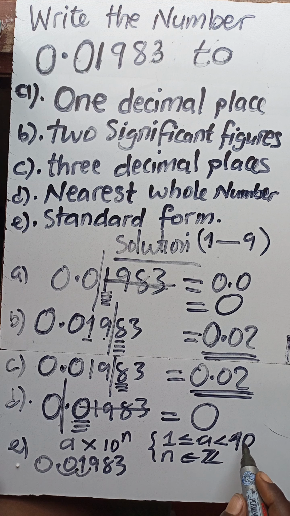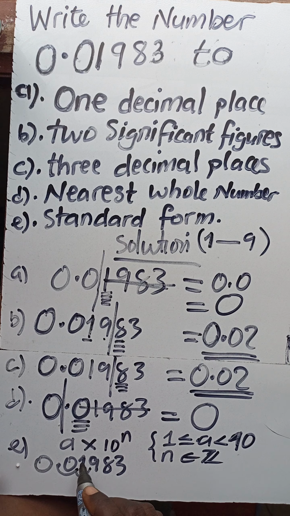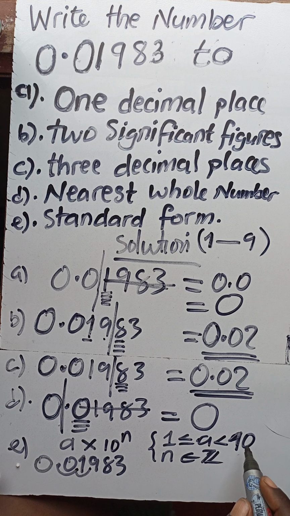Now, if someone made the error to continue to move to the next position, then the person will be having 19.8. 19.8 is clearly more than 10, and so that will be wrong. So the only right position of our decimal point will be this position.